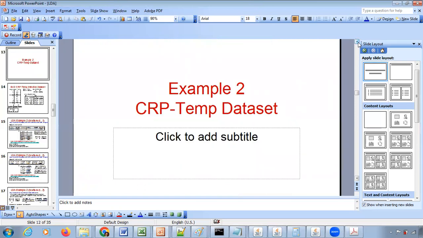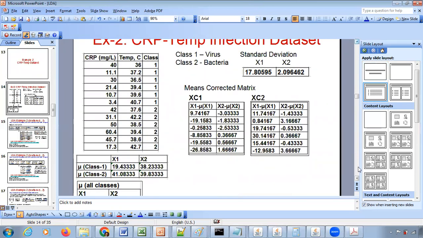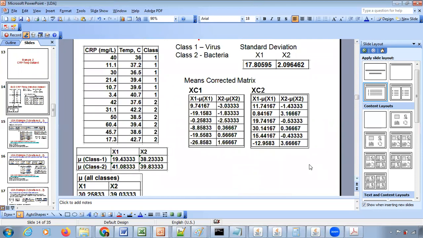Now we can try this for the CRP temperature data set. One thing about the CRP temperature data set is that the standard deviations of the two features, as we saw in the previous module, are different. For the CRP values, which is X1, the standard deviation is 17.80595, and the temperature values, which is X2, is this.